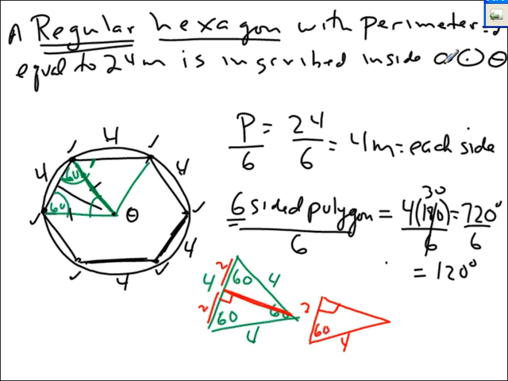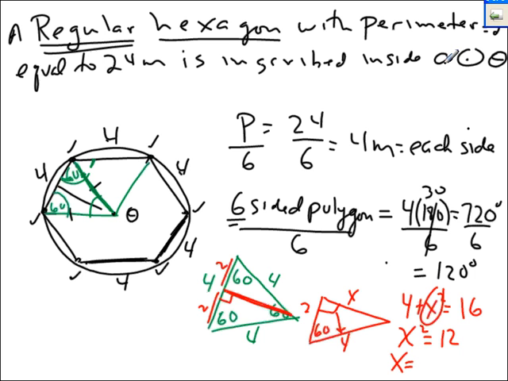Well, Pythagoras can help here. Call this x. 2 squared plus x squared is equal to 4 squared. This must be 12. 4 plus 12 is 16. That is, x squared is 12.